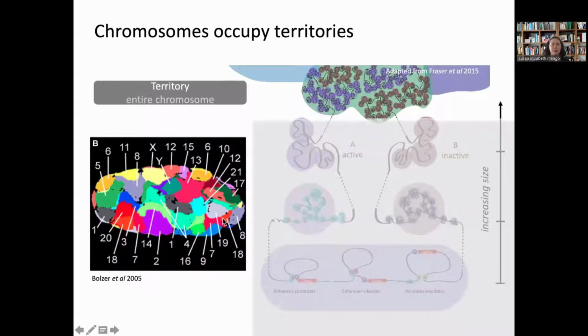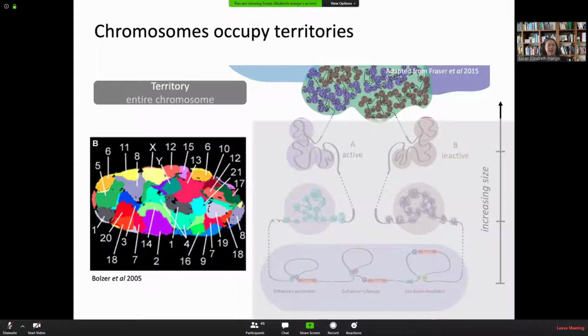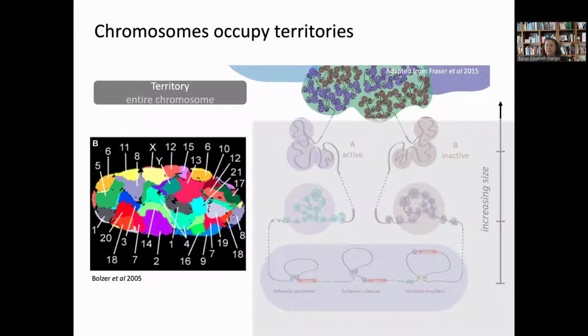The chromosome is not spread out and it's not a rat's nest, as we say in English, but it's a compact entity in space. Now, we're diploid, so we have 2 copies of each chromosome, and you can see that they're not necessarily sitting next to each other. For example, here's chromosome 18 right here, and here's chromosome 18 over here. They are not right next door to each other, but they are compact on their own.